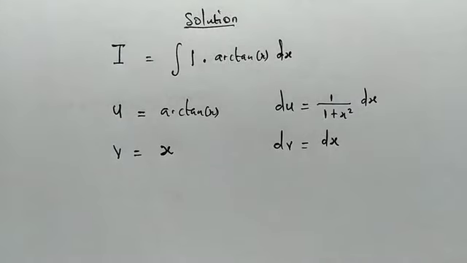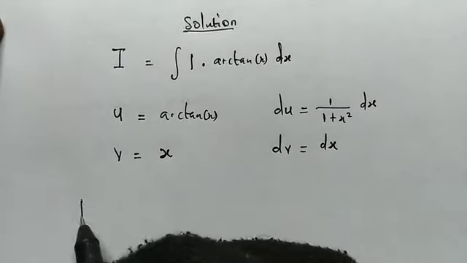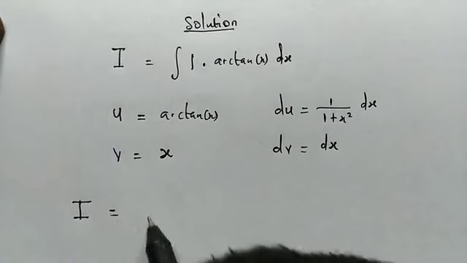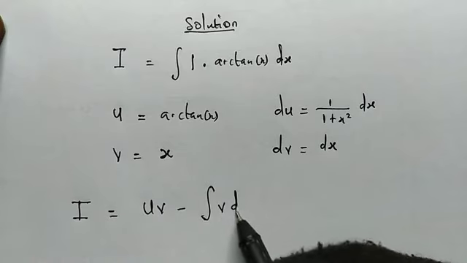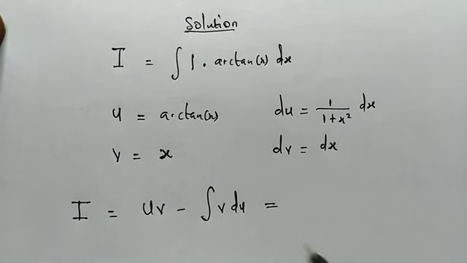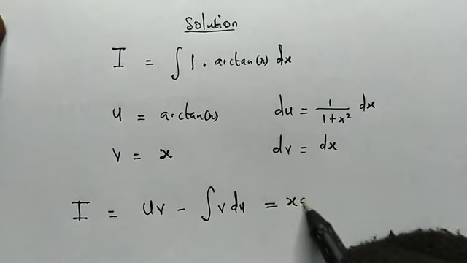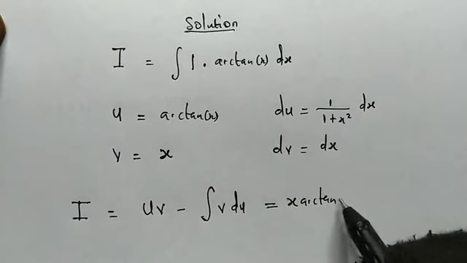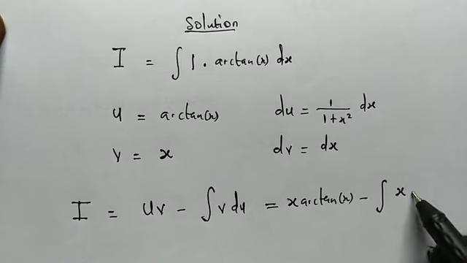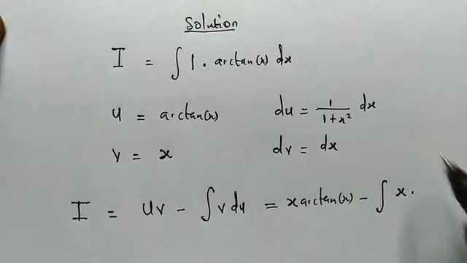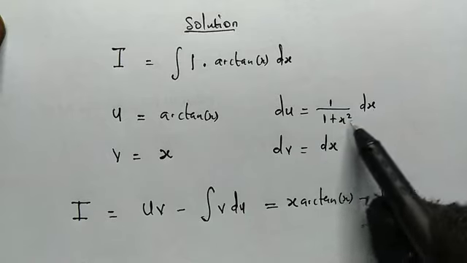Okay, so the integral we called I in terms of u and v is going to be uv minus the integral of v du. And this equals uv, which is x multiplied by the arctangent of x, then minus the integral of v, our v is x, multiplied by du. du is exactly 1 all over 1 plus x squared dx, right?